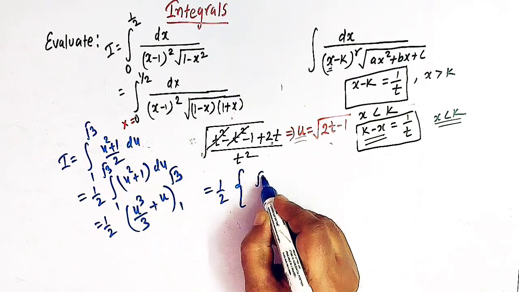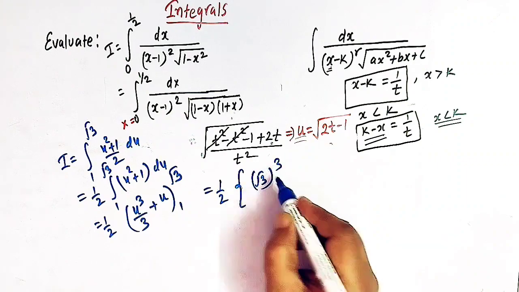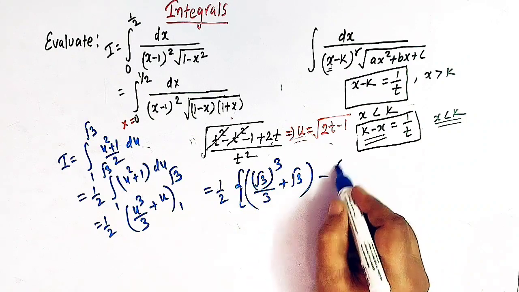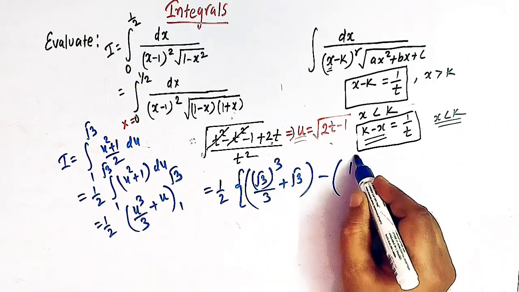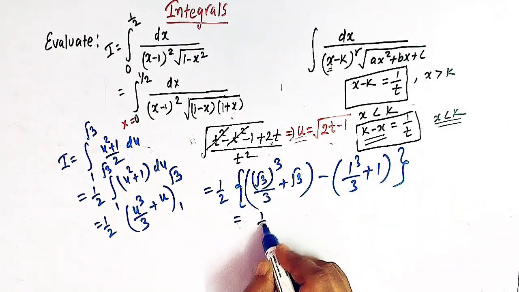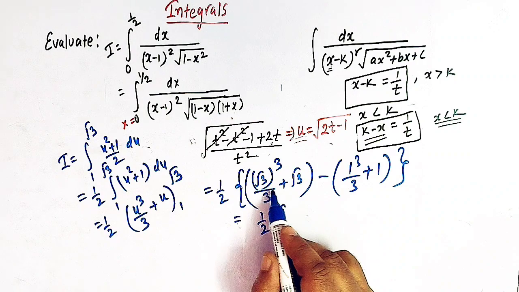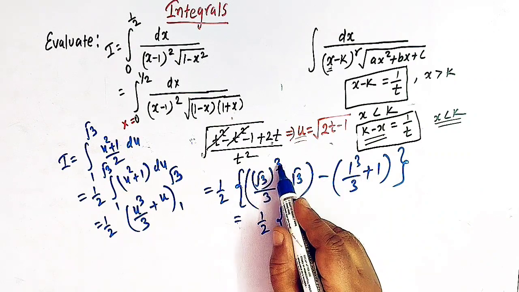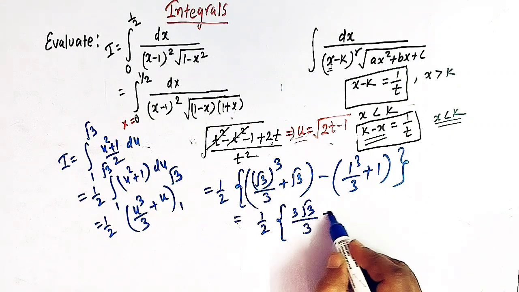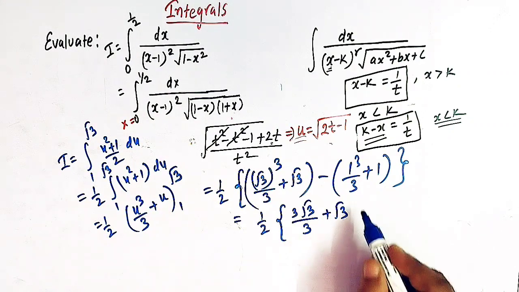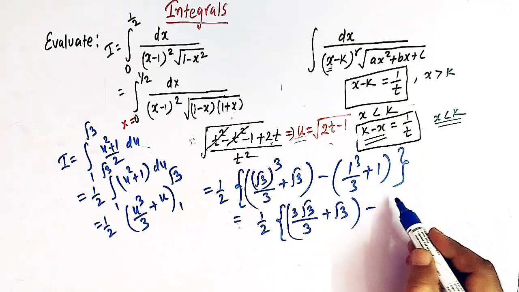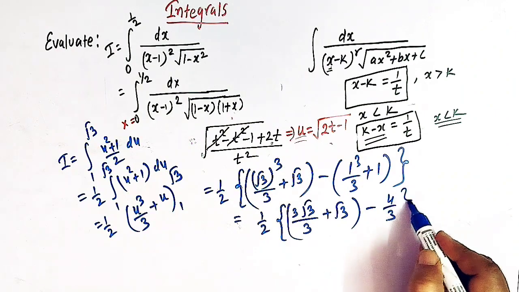So we have square root of 3 cube over 3 plus square root of 3, and then we have 1. So this is 1 cube over 3 plus 1, right? So we can simply solve these two expressions. So this is 3 root 3 over 3 plus square root of 3, and then here we have 1 over 3 plus 1, that is equal to 4 over 3.